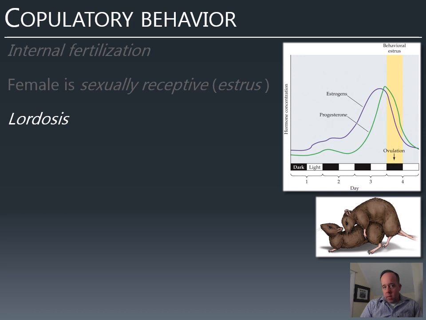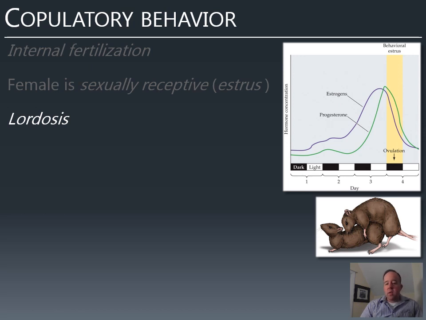So if a female rat is sexually receptive, the release of these hormones can trigger what's called lordosis, this particular posture, this way of shaping the body to allow copulation and, by extension, fertilization. This depends heavily on hormone release. It certainly also depends heavily on neural processing, sensory stimuli like the presence of a male rat.